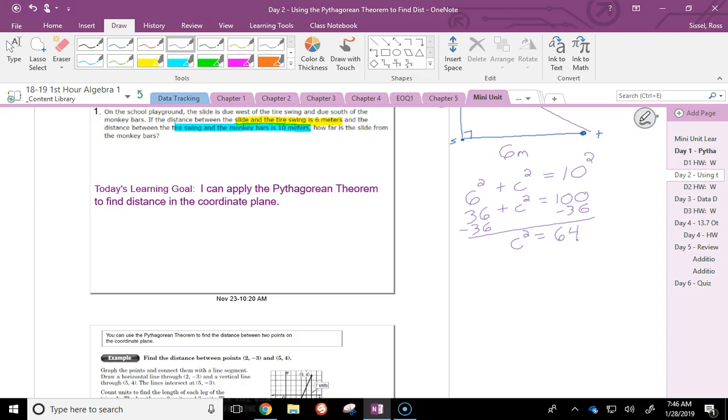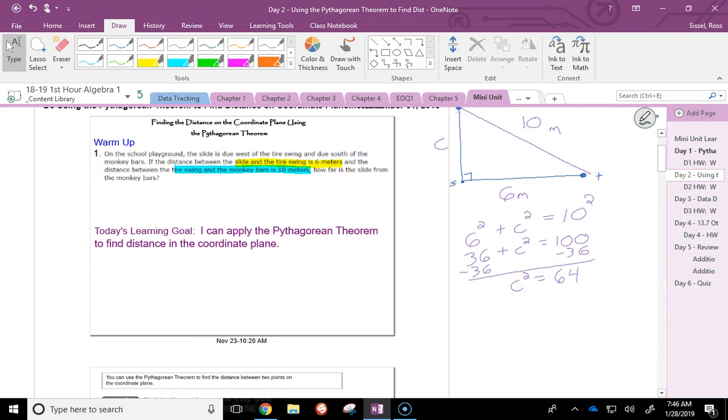Oh, yeah, you're right. It should be like B, shouldn't it? To be honest, it doesn't really matter because it's just a variable. But when we always did it, we write C squared, but it's alright.